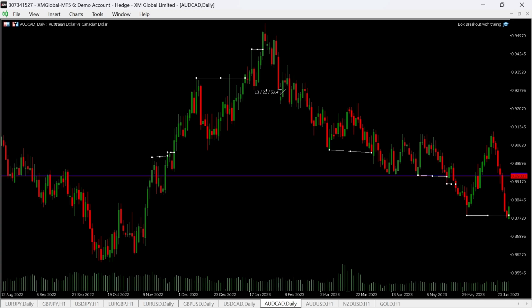Right over here. When it was broken, now this low formed was lower than this one, so instead of having higher highs and higher lows, we now have lower lows and lower highs. And we can see after this was formed, this low was lower than this one, it was broken, and then a retracement occurred.